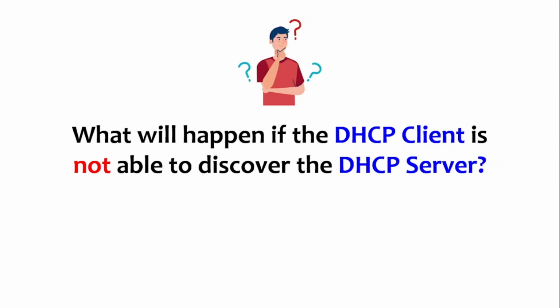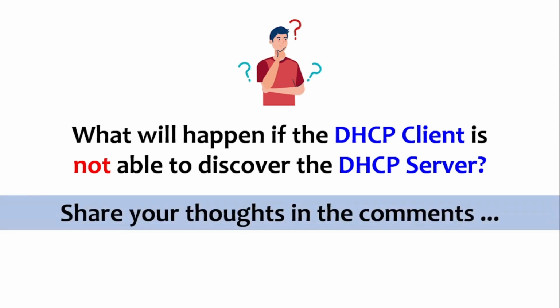Say the DHCP server might be down, or there might be some network issues between the client and the server. But the question is, what will happen if the DHCP client is not able to discover the DHCP server? Please share your thoughts in the comment section.